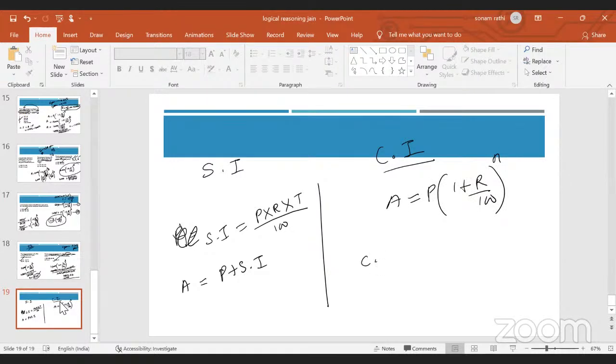And if you want to calculate the CI amount, and if you want to find, okay, this is a very important topic. All of you remember, simple interest and compound interest is a very important topic, and you will get minimum 1 or 2 questions from this topic, at least 1 or 2 questions. So you have to practice a lot.